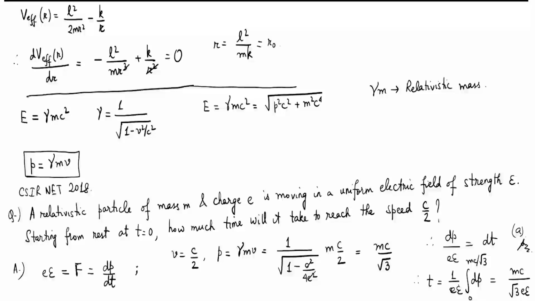So this is mc by root 3 e epsilon. Okay. Everyone understood? Yes, sir. Okay.